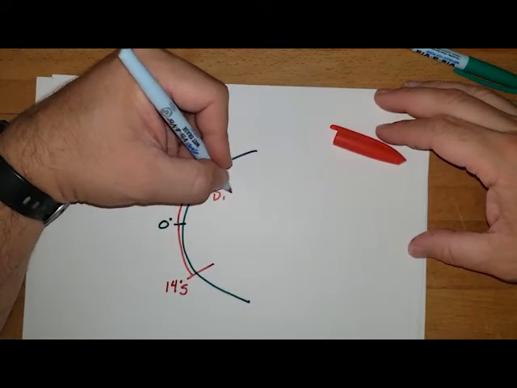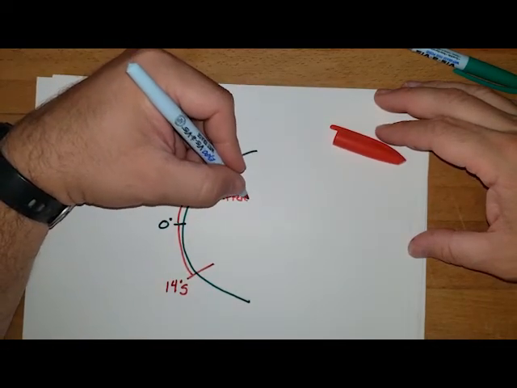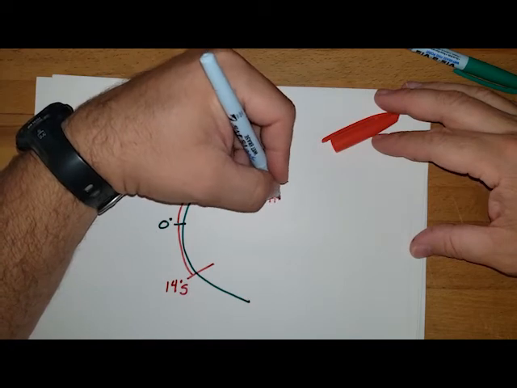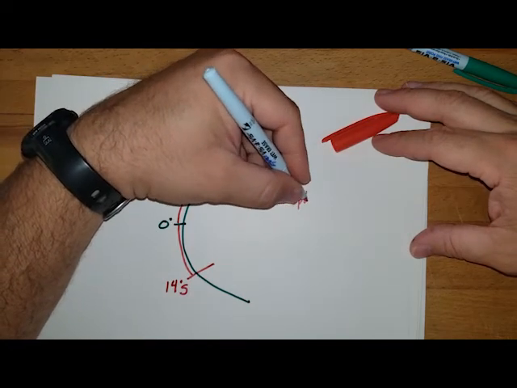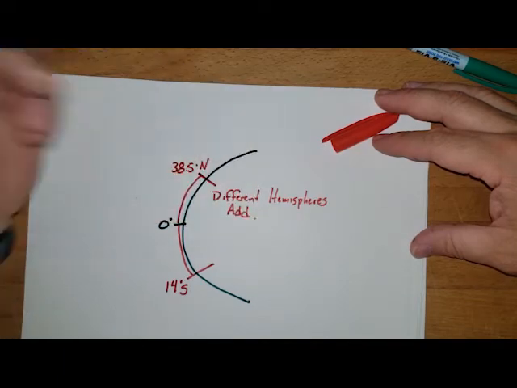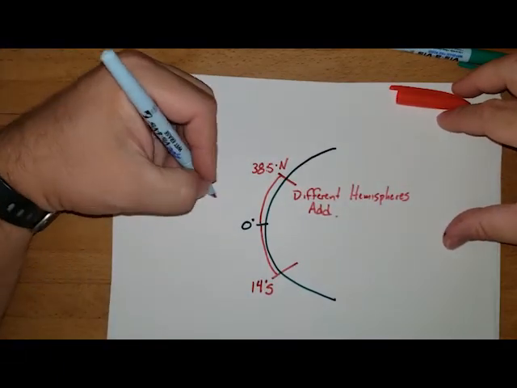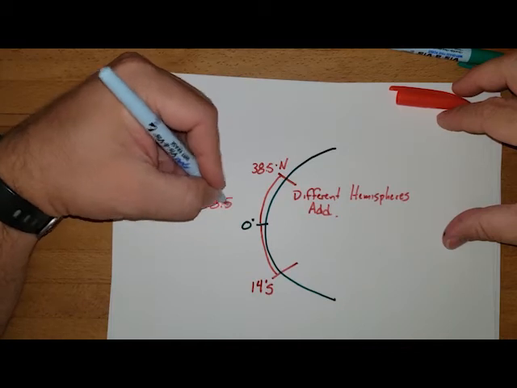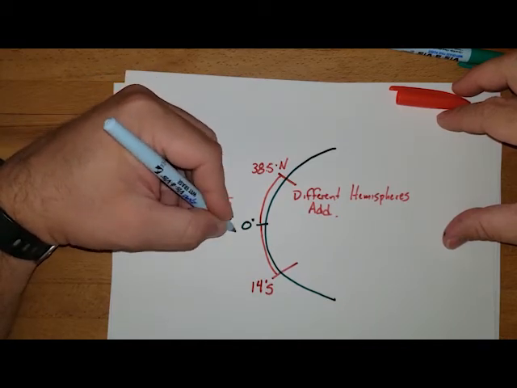When we are in different hemispheres, we add those values. So I'm going to take 38.5 plus 14.